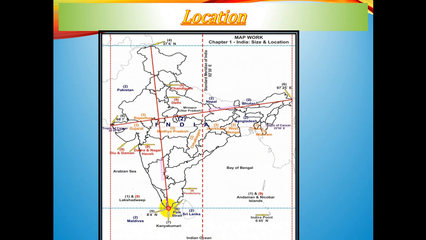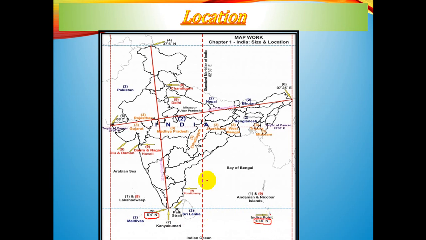This is Kanyakumari and the degree is 8 degrees 4 minutes north. Now this is Indira Point. This is 6 degrees 45 minutes north. That is the tip of the Andaman and Nicobar Island groups.